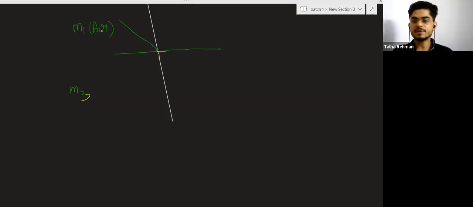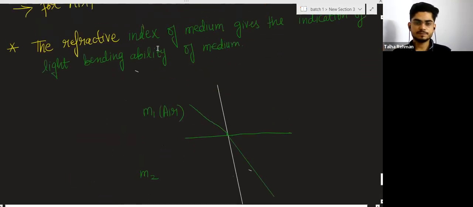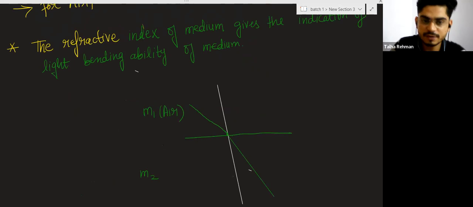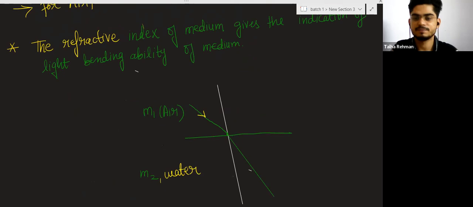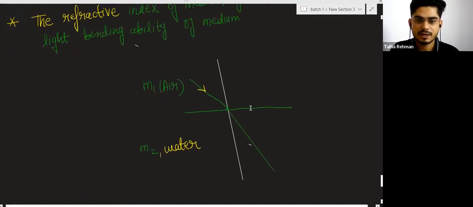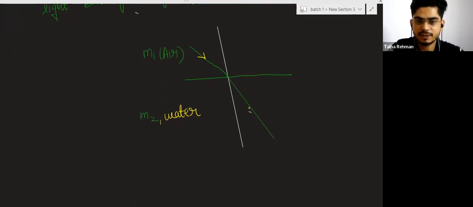Suppose the light is traveling from air to medium 2, and that medium is water. Let's take the example. Light is bending this much, and you can say this is R1.